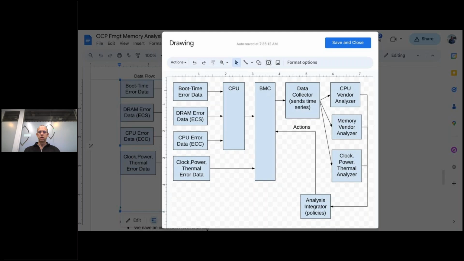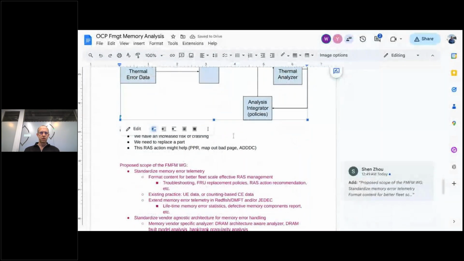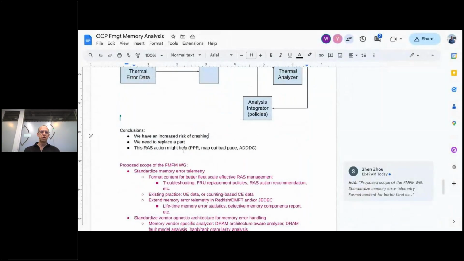Then we can say, based on all of the conclusions we got, there's some end action we think should take place. The actions I'm imagining are a notification that we have an increased risk of crashing, or replace a part, or take some RAS action like a PPR or map out a bad page.